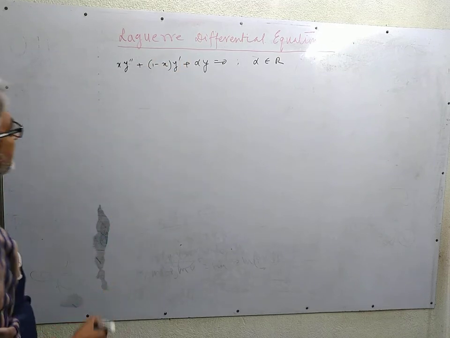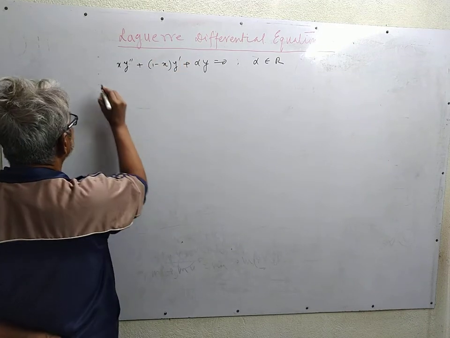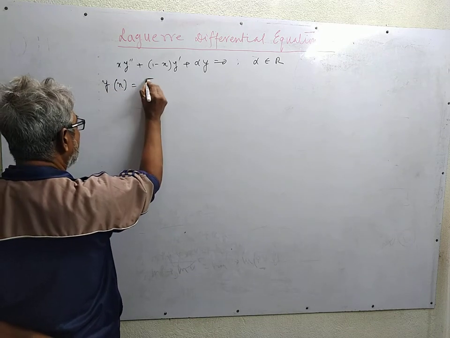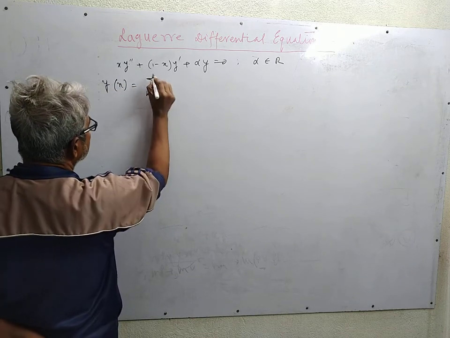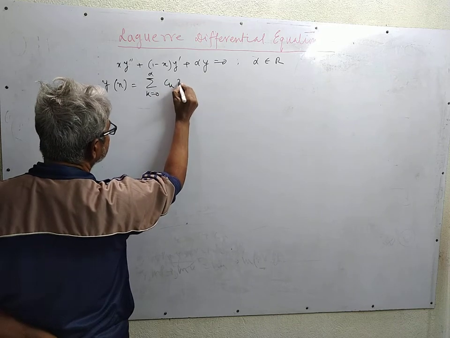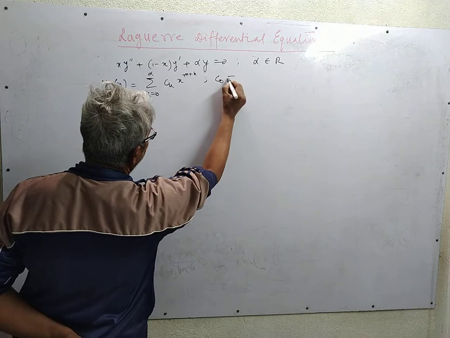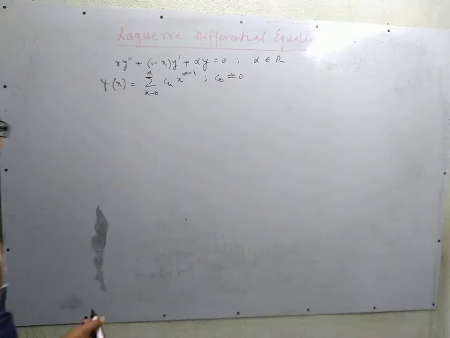Since x is equal to 0 is a removable singular point, as per the Frobenius-Fuchs theorem, we opt for a solution of the form y equals x to the power m summation over k of c k x to the power k, with c0 not equal to 0.